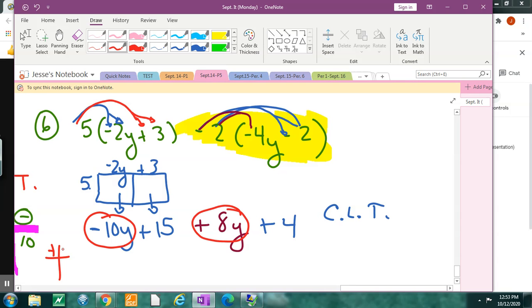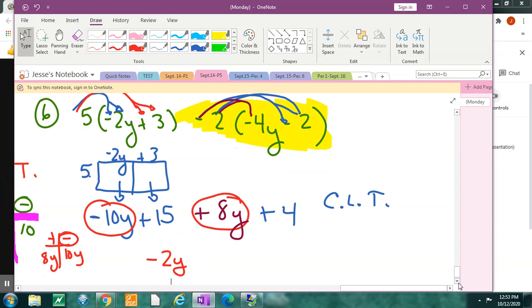And I'm going to do the T chart right here, -10y plus 8y. And what's your answer, Andrew? Negative what? -2y. Don't forget the y, because in a test if I just put -2, it'll be wrong.